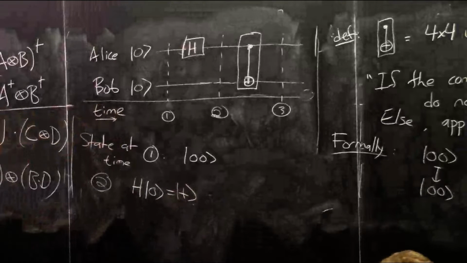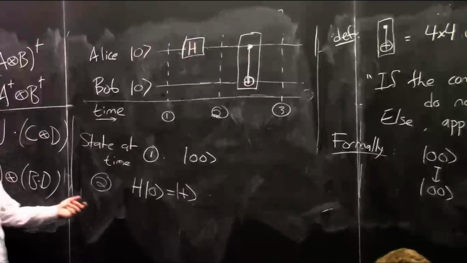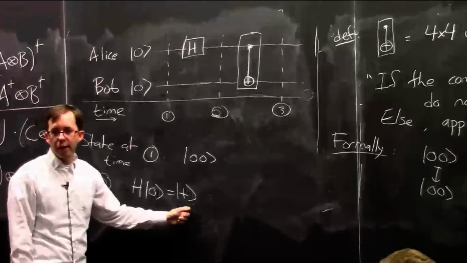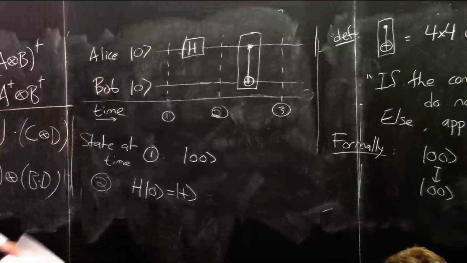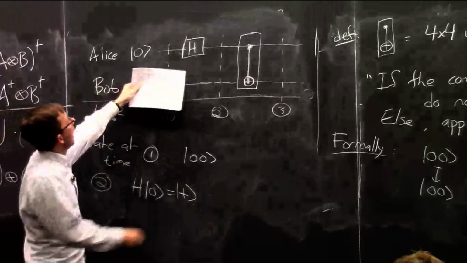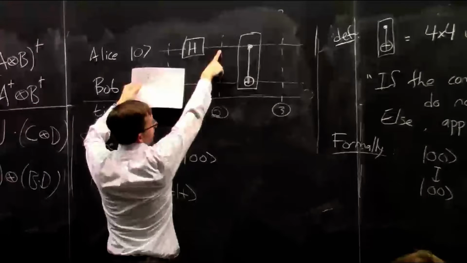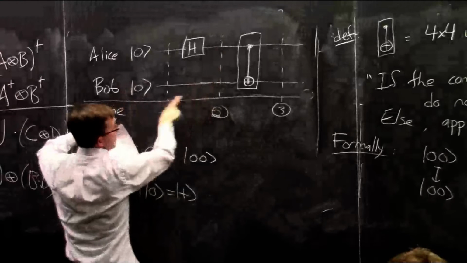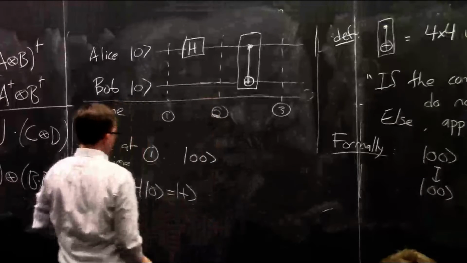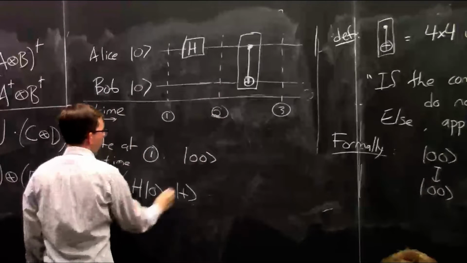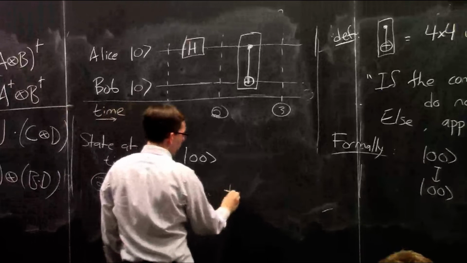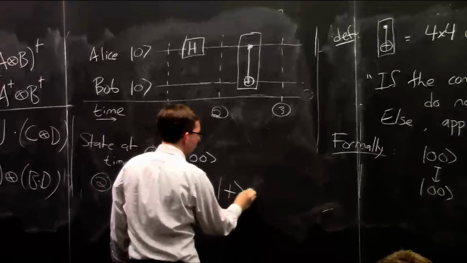That's part of the definition of Hadamard gates. The other part is that if you apply it to 1, it gives you minus. So at this point, Alice has prepared plus, and then Bob comes along with his 0. They still haven't interacted. So the state at time 2 is plus tensor 0.